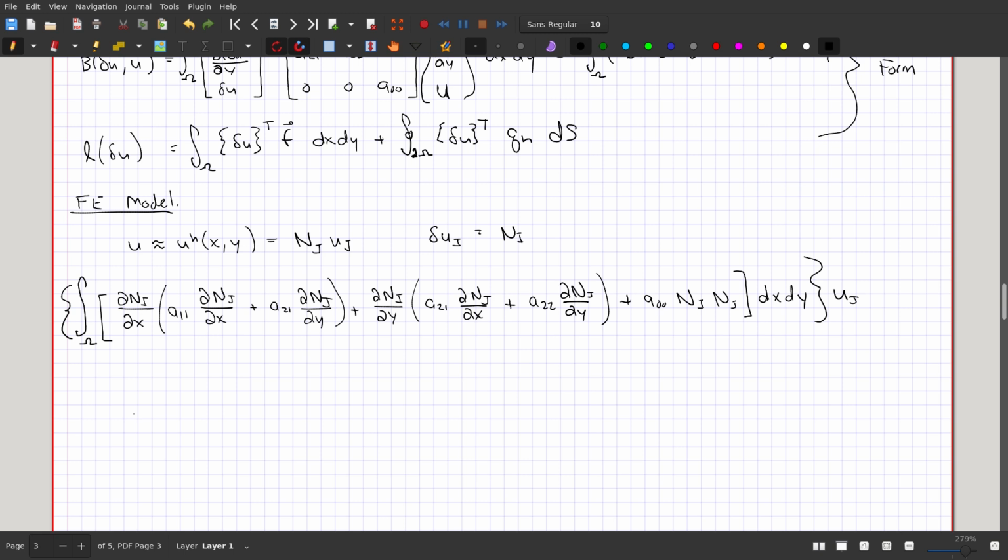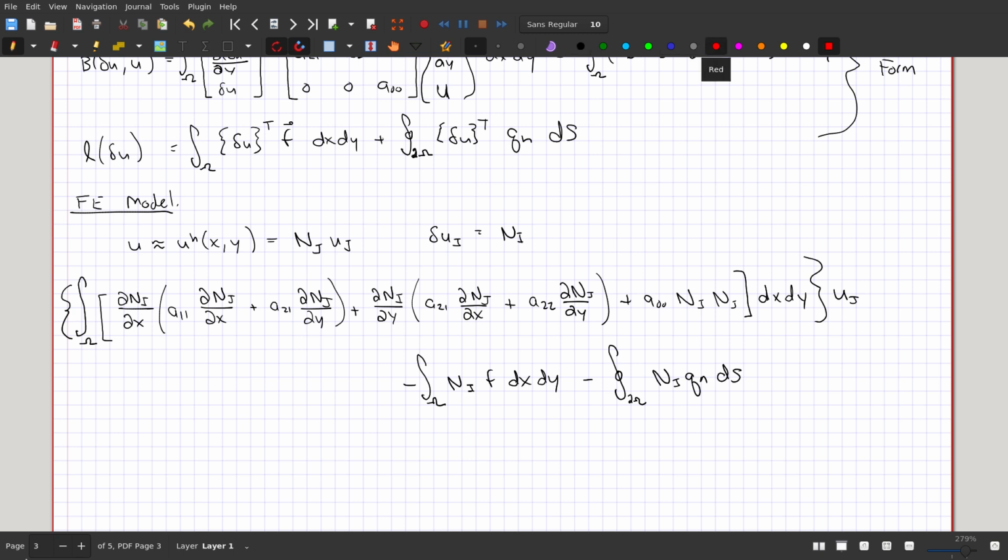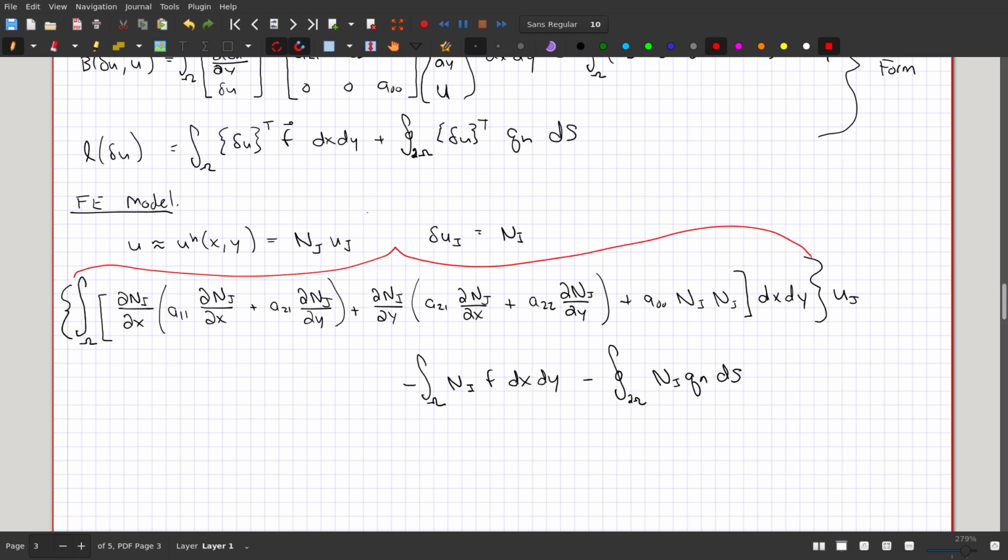And then we'll also have, and so this is our stiffness matrix.